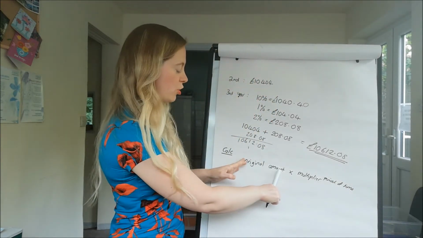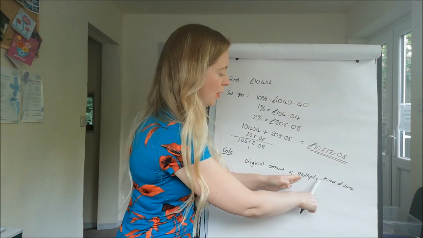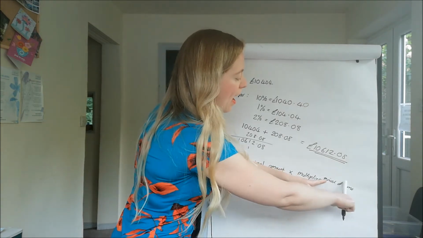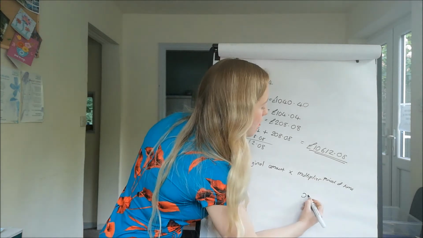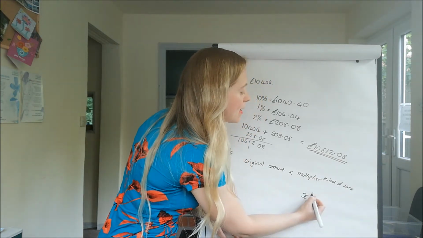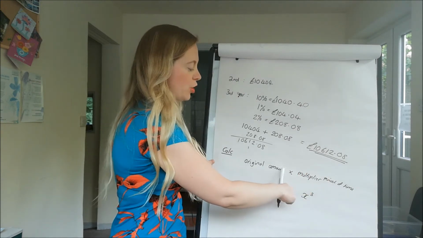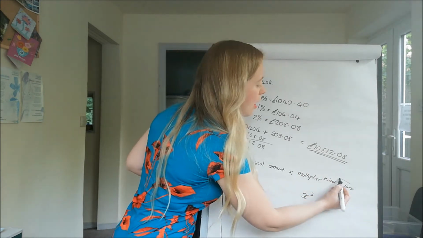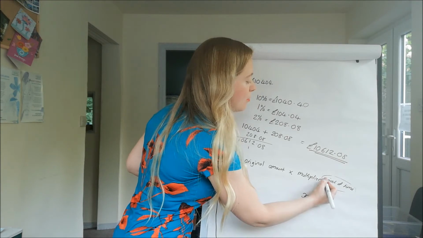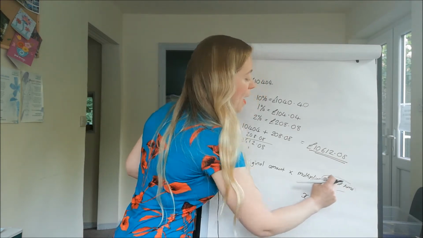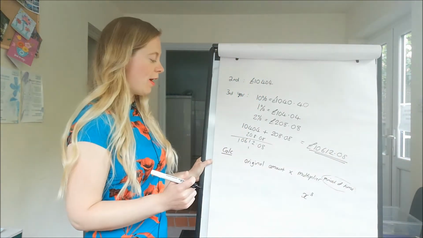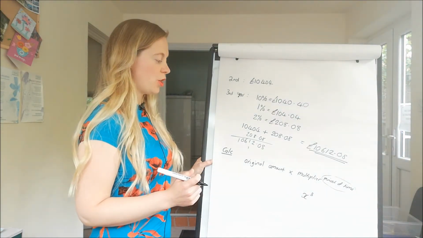So you want original amount times by multiplier, and then in the air, as if you were writing, you know, when you write x cubed, you write the 3 small in the air at the side of the x. That's what we're doing here. Original amount times multiplier, and then period of time is in the air like a power. And that's the formula that you can use.